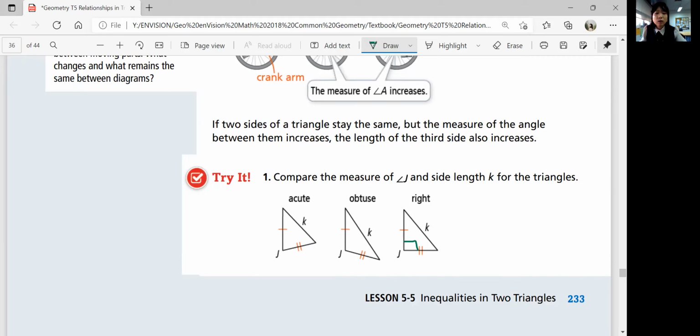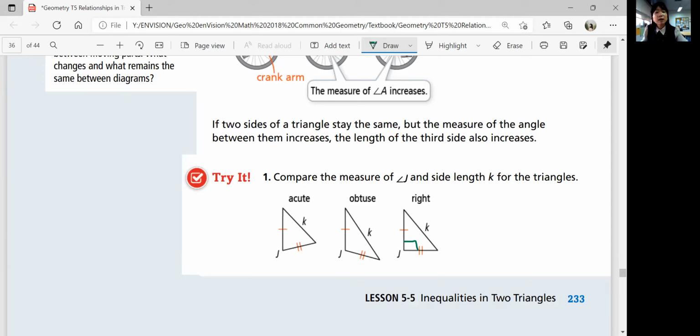So if this J is less than 90 degrees, which is opposite of side K, of course, side K must be shorter than in the right triangle. And the obtuse is the greatest angle of them all. So K must be the longest in the obtuse triangle, right?